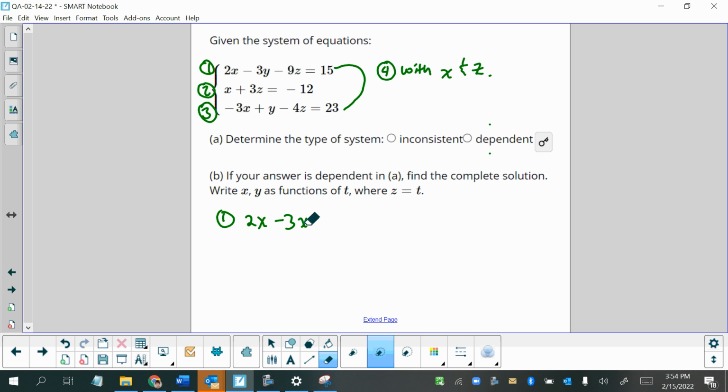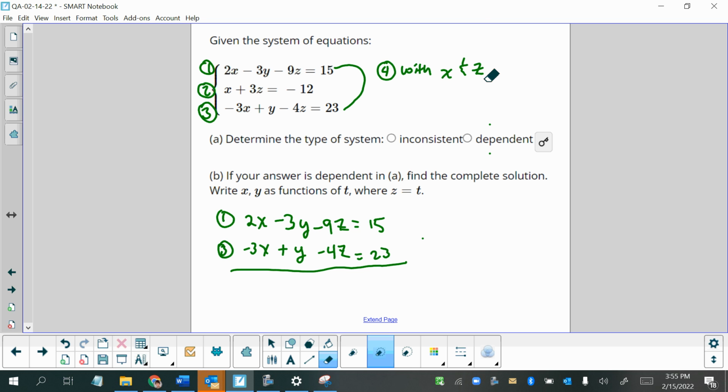So we're going to take equation 1 and just rewrite it: 2x minus 3y minus 9z equals 15. And then we'll take the third equation, negative 3x plus y minus 4z equals 23. And then we're going to try to eliminate the y because we want to end up with a fourth equation that does not have any y in it.